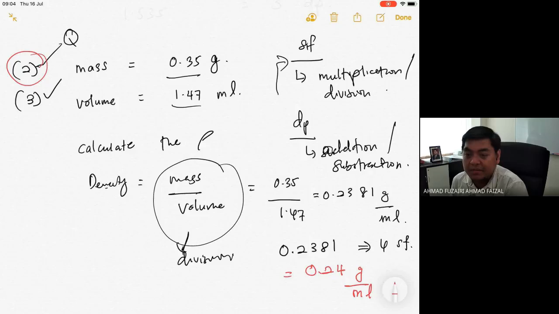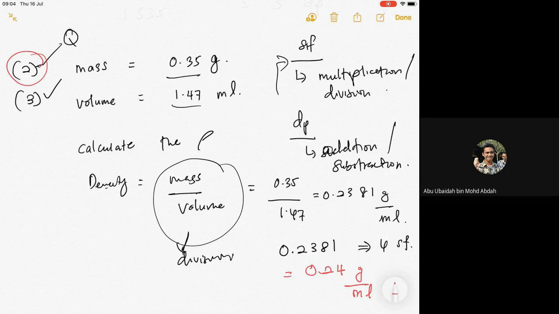Tapi bila dapat jawapan, kenapa salah jawapan saya? Okey, nampak? Soalan pertama, tiba-tiba keluar area. Tak masuk akal, sedangkan kita tengah belajar pasal significant figures, pasal converting units, pasal benda-benda lain. But whenever they come, tiba-tiba datang pasal area. Tak masuk akal.